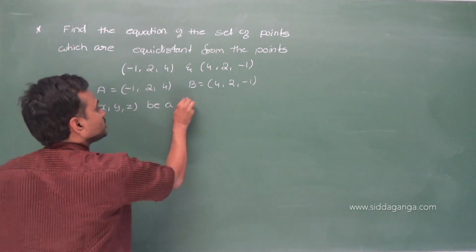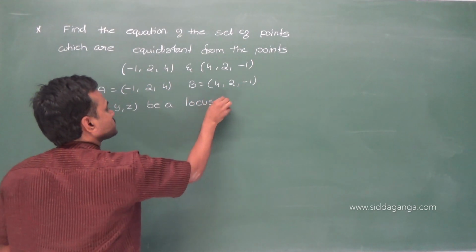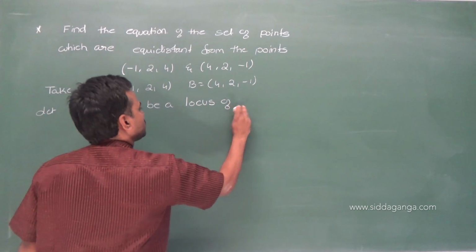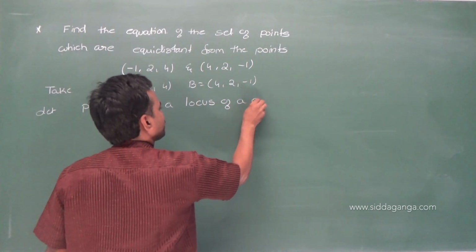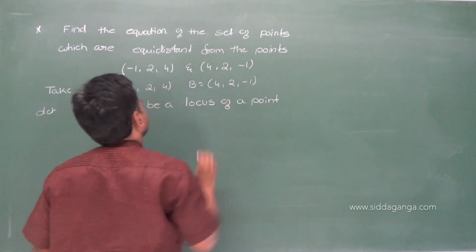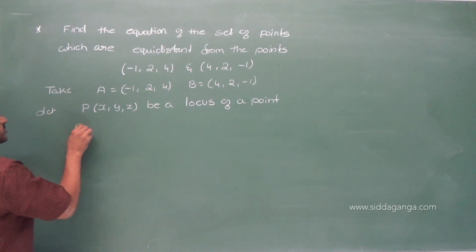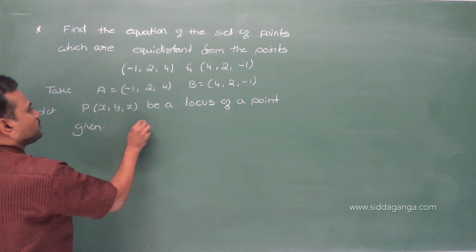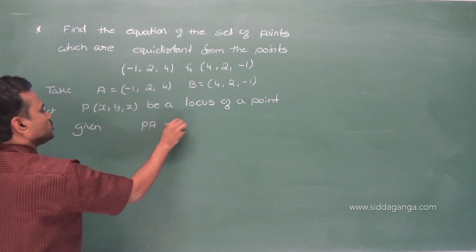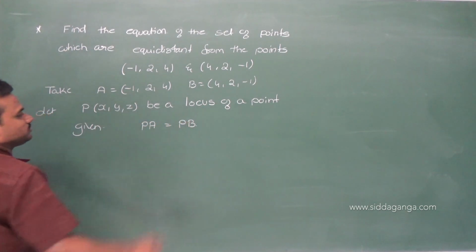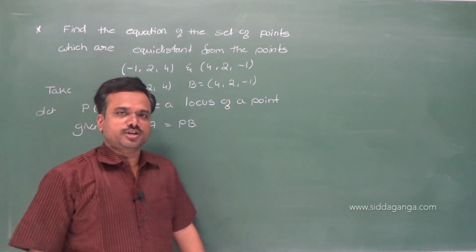Another word is locus of a point. Locus of a given point, P to A is equal to what? P to B.